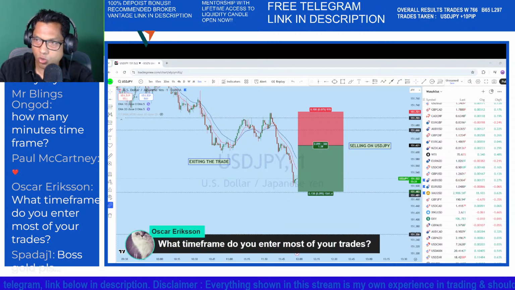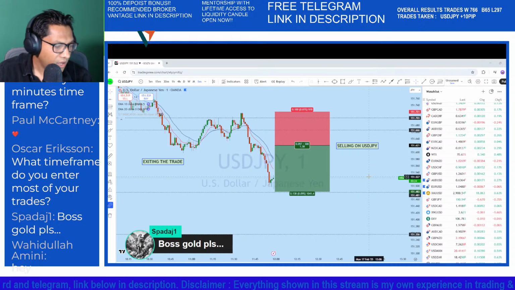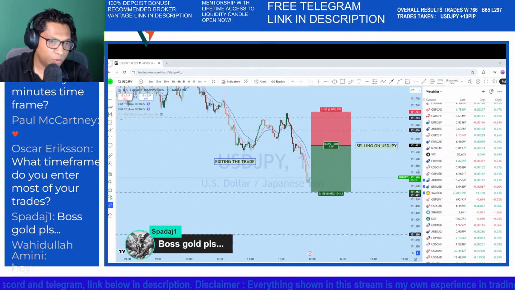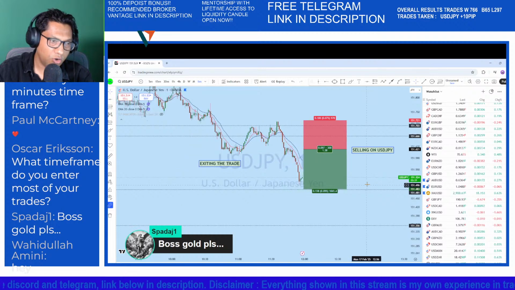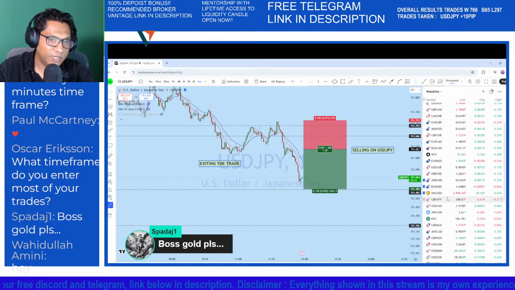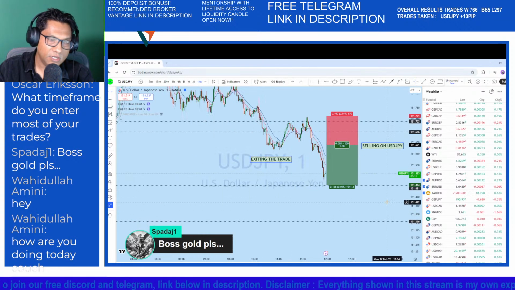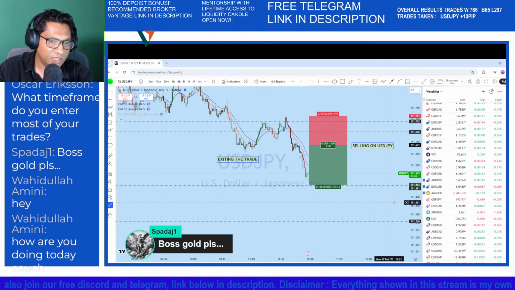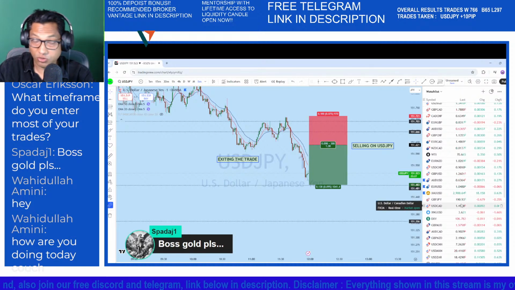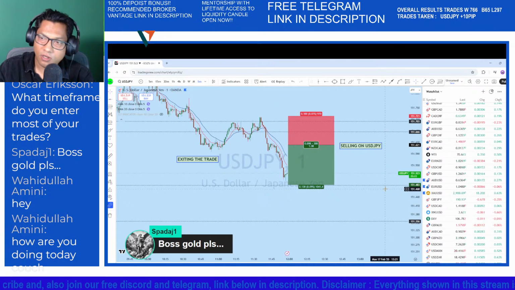So depending on what strategy and which instrument I'm trading, XAUSD we mostly trade on the 1 minute chart. Dollar yen, sometimes 5 minutes, 1 minute. GBPJPY 5 minutes, 1 minute, or maybe 15 minutes, depending on the trading style.